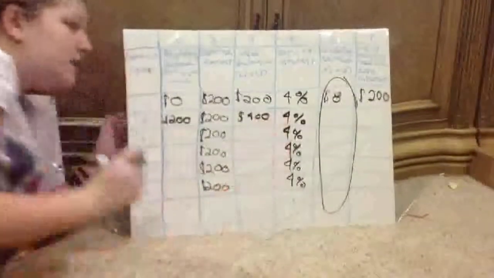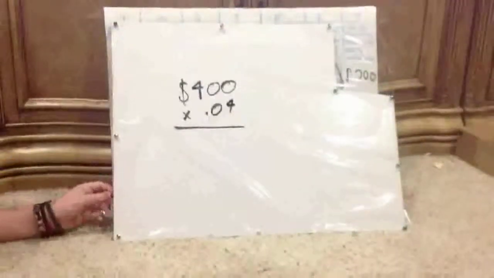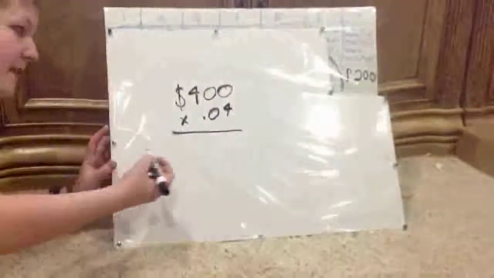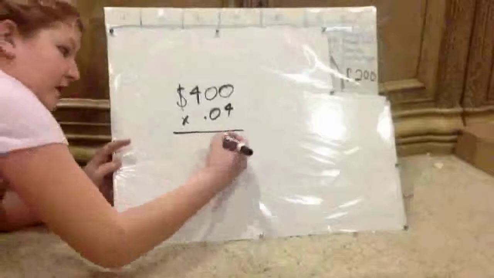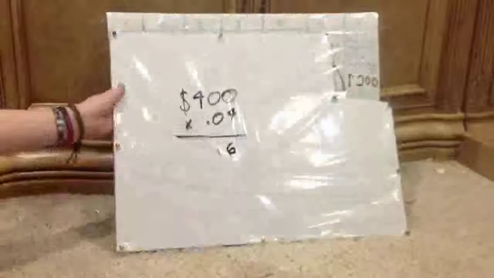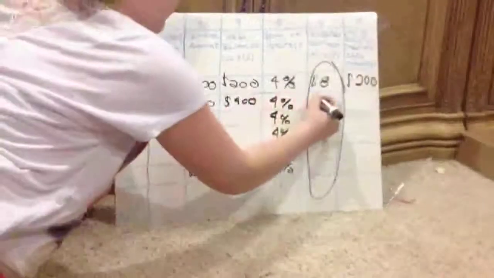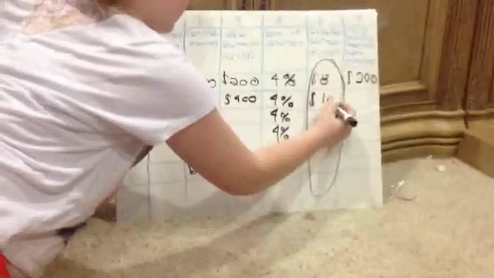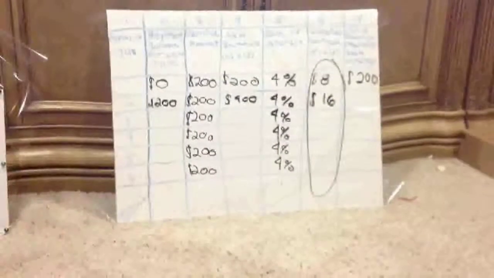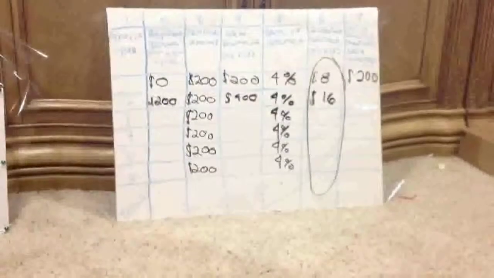400. Now when we get our math board out again, we're going to times 400 by 0.04 for 4%. And when we do that, we will get 16. And we will take that 16 and we will put it right here. So again, since we're doing simple interest, the interest is paid out.